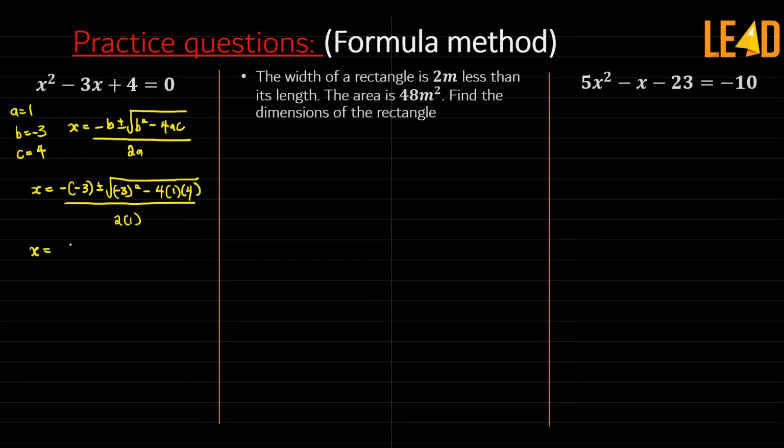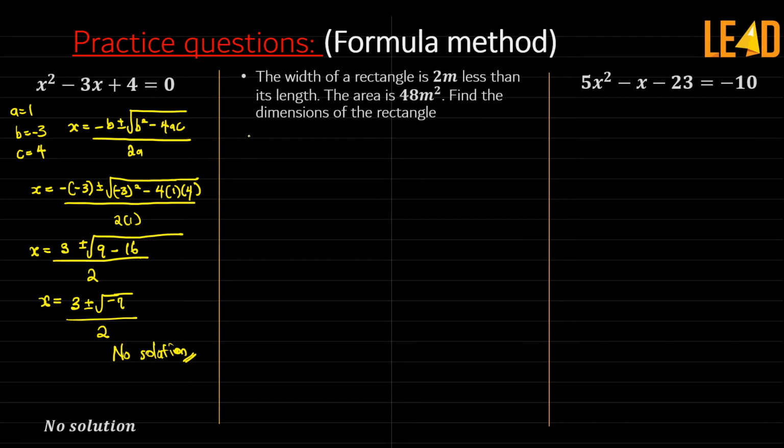So x is going to be equal to 3 plus or minus square root of 9 minus 16 over 2, so x is 3 plus or minus square root of -7 over 2. Oh, okay, so there can be no solution to this, because you would have to take the square root of -7.